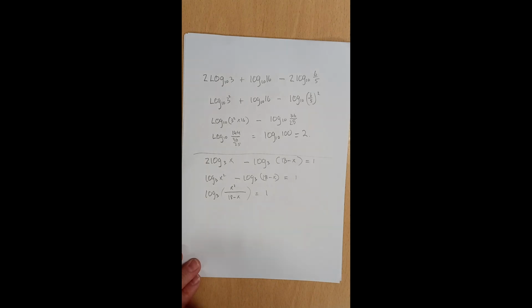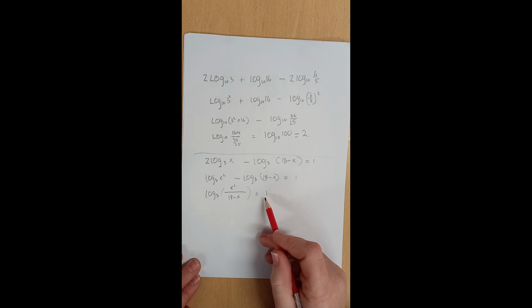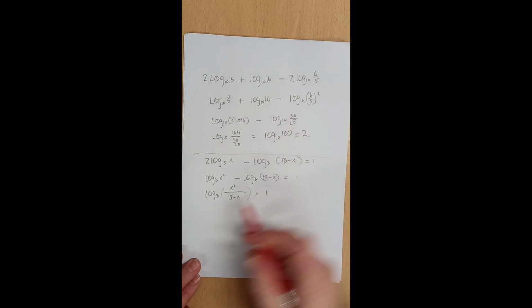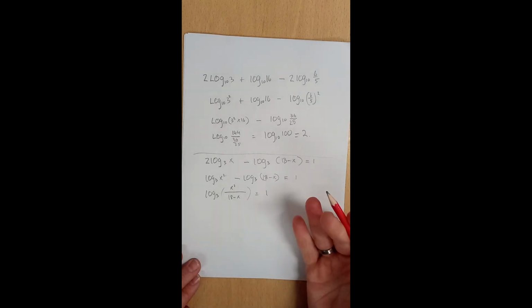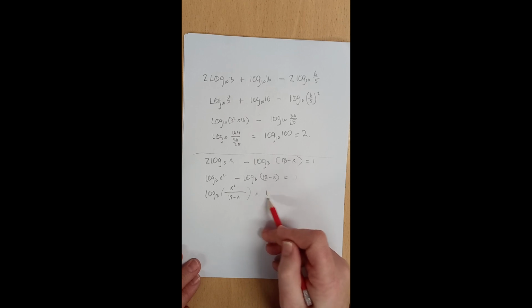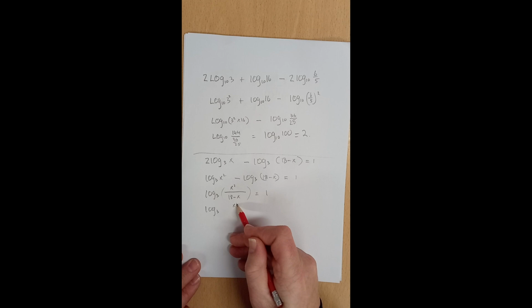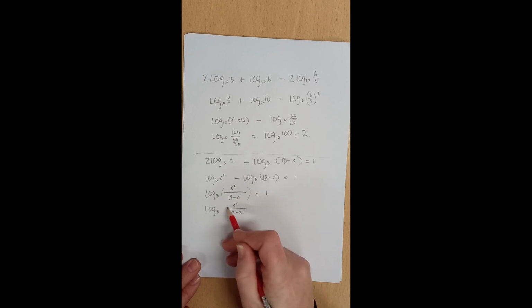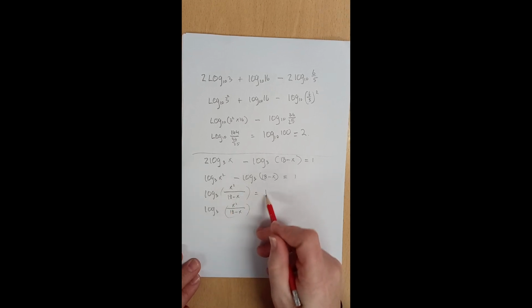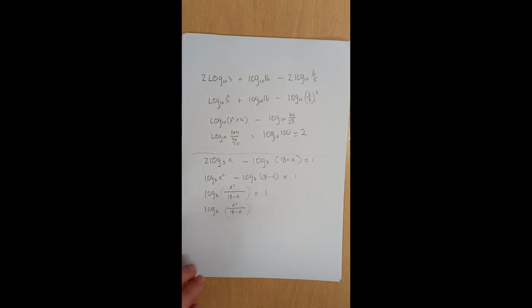Now, let's try and figure out what this used to be. Okay, because that's a 1. So I can't really do anything here without doing something else. So I need to convert this into a log. So log to the base 3 of x squared over 18 minus x. Let's try and think what that used to be. Now, if you remember, we have rules.